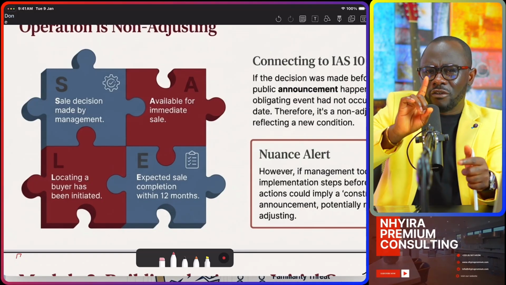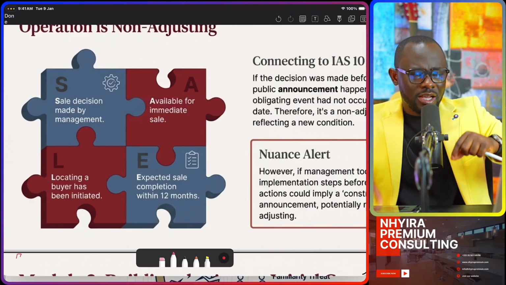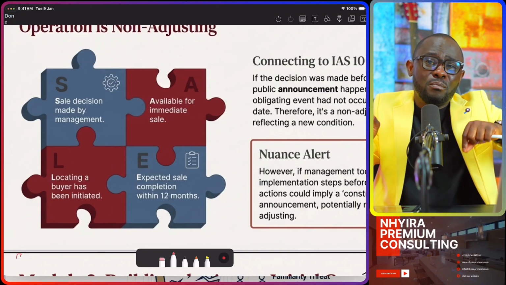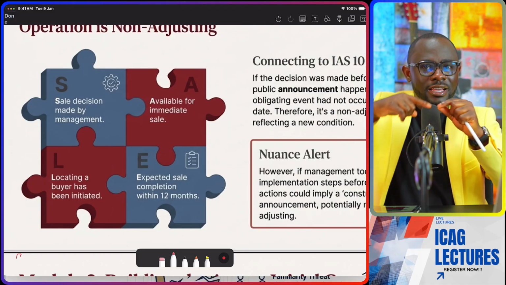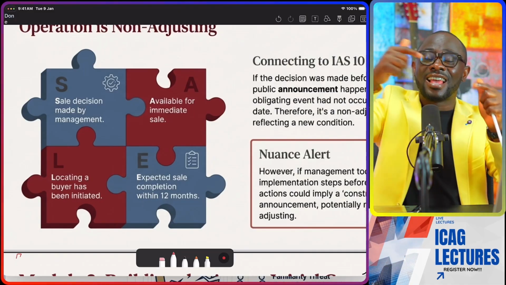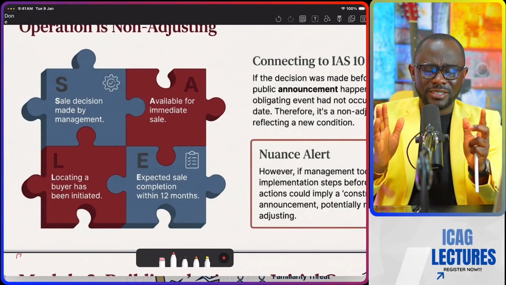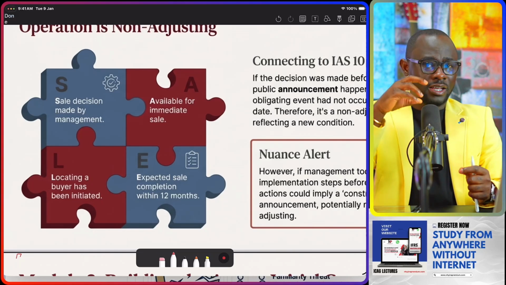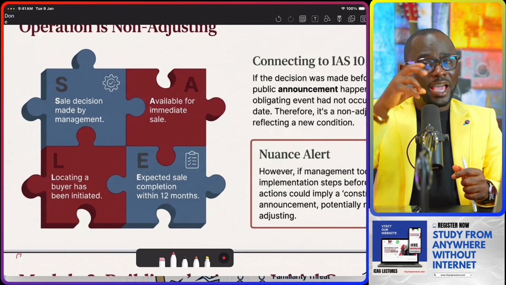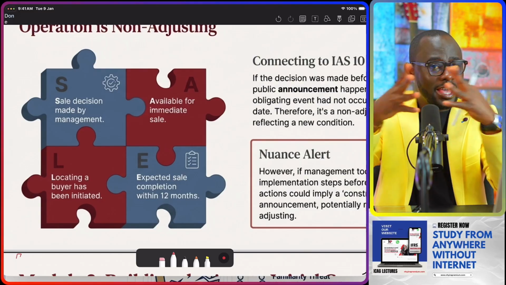So although the official announcement came after the end of the year, because management had already started implementing the close down or the shutdown decision, we would treat that as an adjusting event. And that is a crucial point that you must understand when dealing with non-current assets held for sale, events after the reporting period, and making provisions for discontinued operations, because all of these are intertwined.